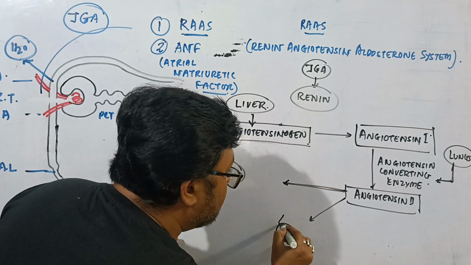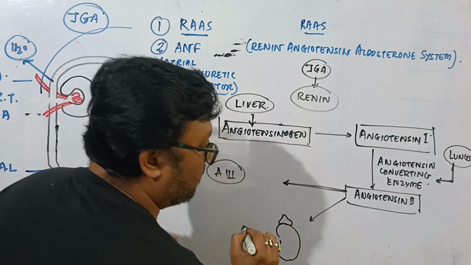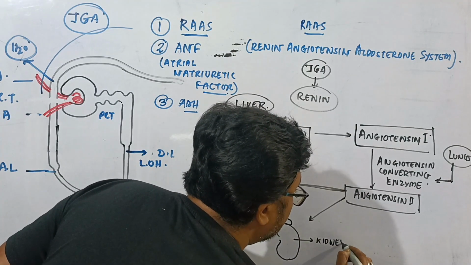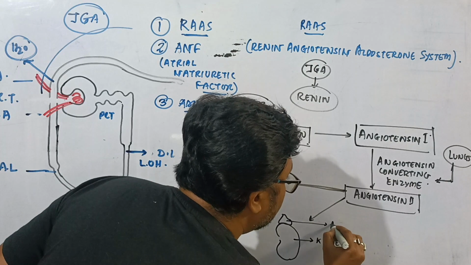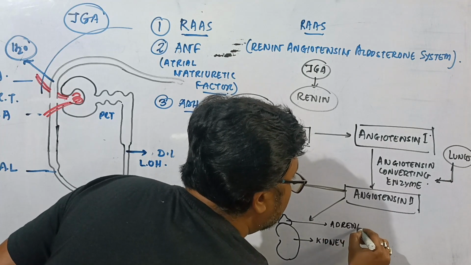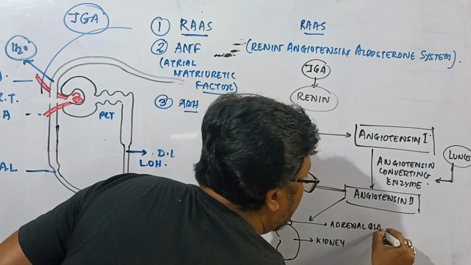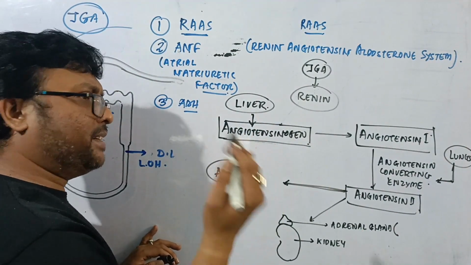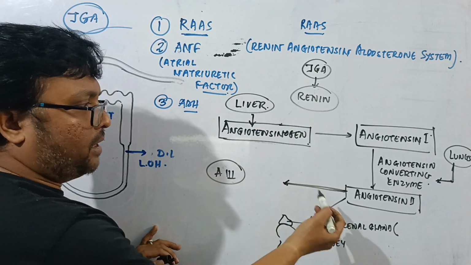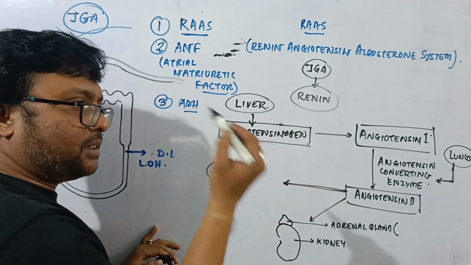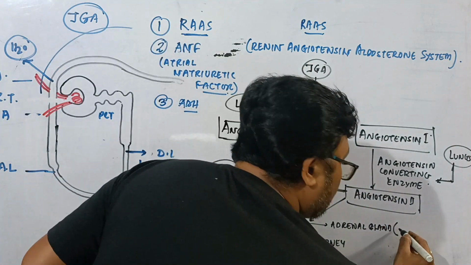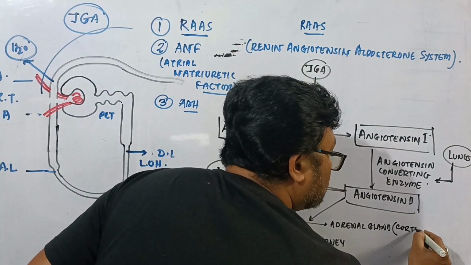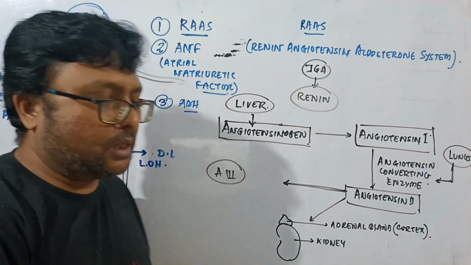Then this gland is present just above the kidney. So let this be the kidney and let this be the adrenal gland. In the adrenal gland we see two regions, one is cortex and the other one is medulla. So obviously here angiotensin is going to exert its effect simply on the adrenal cortex. Just a minute.